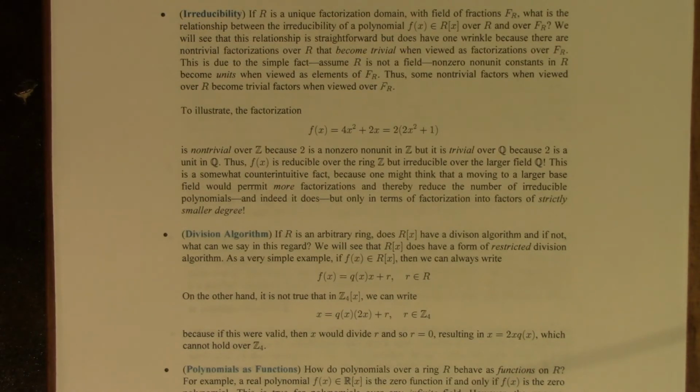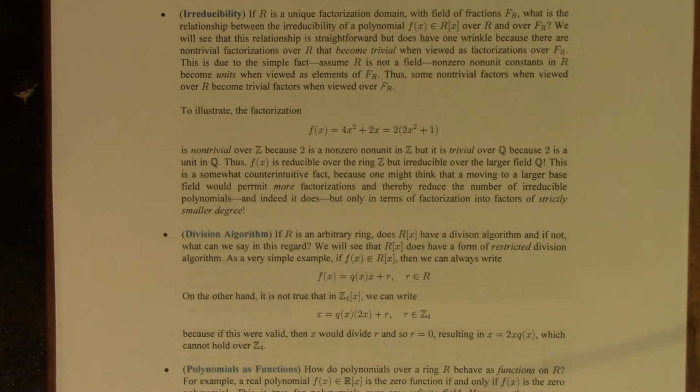But over the rationals, 2 does have an inverse. It is a unit, and so this factorization is trivial. And so f of x is reducible over the ring Z, but irreducible over the larger field Q. And that is somewhat counterintuitive.